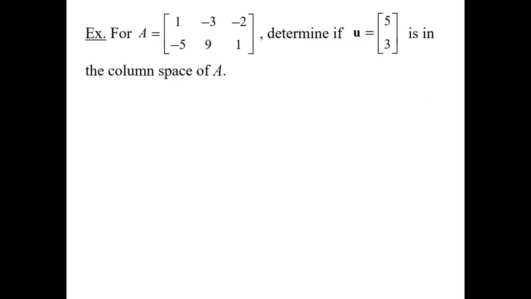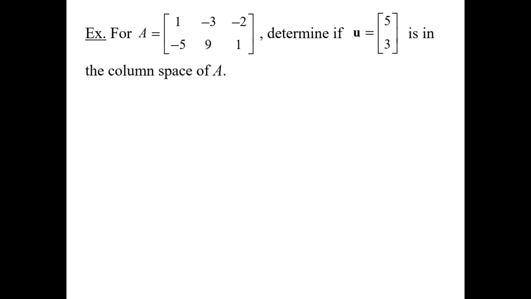Okay, for this matrix, determine if u is in the column space. Again, we are basically asking, is this vector an output if we picked some x? Another way of asking that is, find x that results in A times x equaling this vector u.